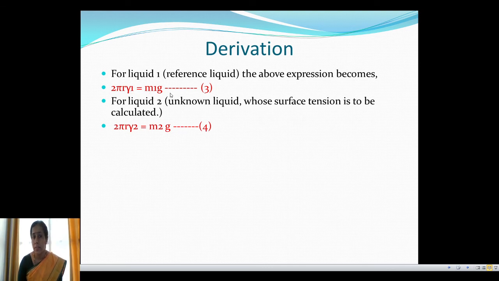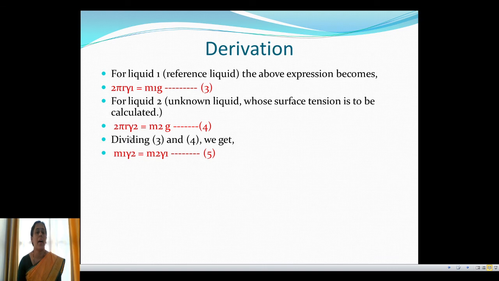For the reference liquid, the quantities that differ are the mass of the falling drop and its surface tension. For liquid 2, an unknown liquid whose surface tension we have to determine, 2 pi r gamma 2 is equal to m2 into g. Now dividing these two equations, the same quantities, 2 pi r, get cancelled.